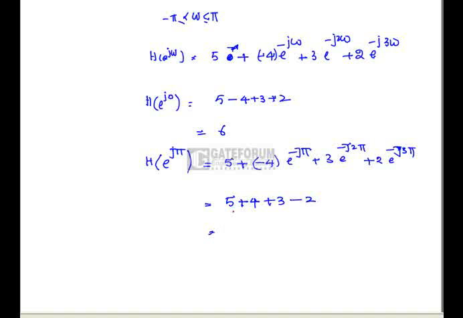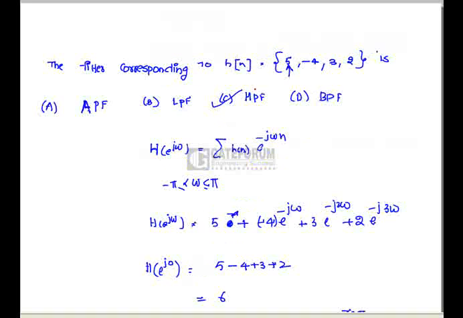So it is 5 plus 4 is 9, plus 3 is 12, minus 2, it is 10. So H of e power j0 is less than H of e power j pi. It means it is working as a high pass filter, hence option C is correct.